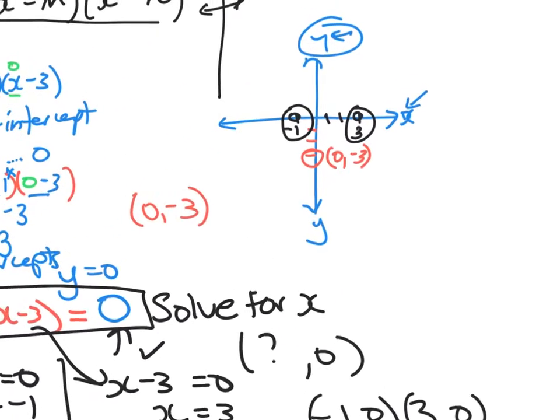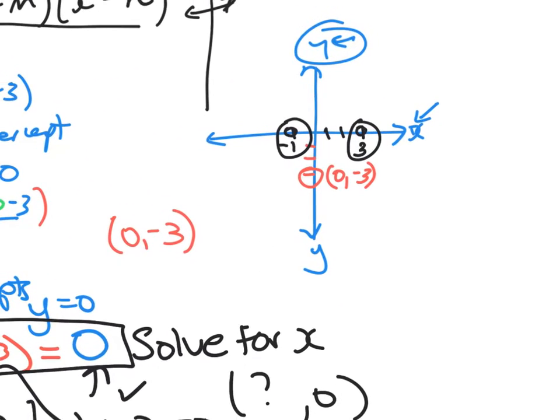When we look at our graph, if I was to put in the axis of symmetry, we're sitting in between -1 and 3. That's a space of 4 clicks, so it'll be here, to either side.